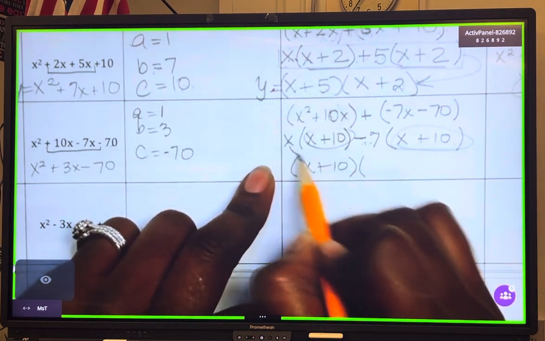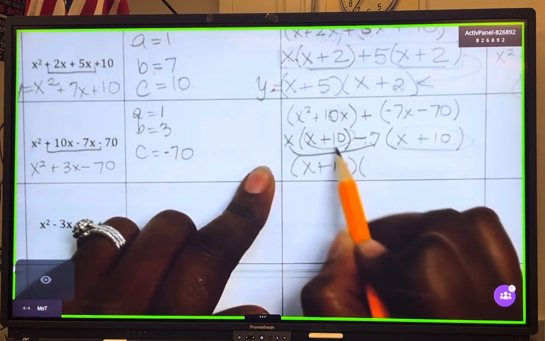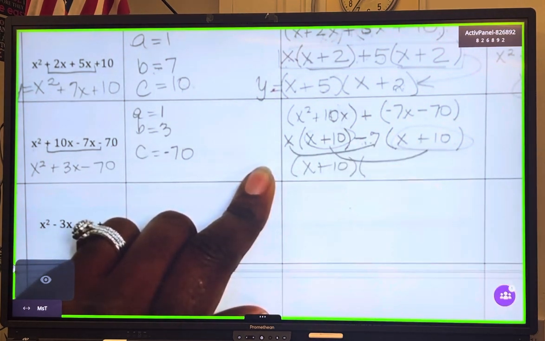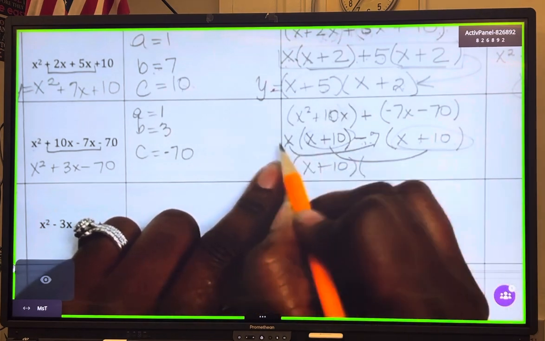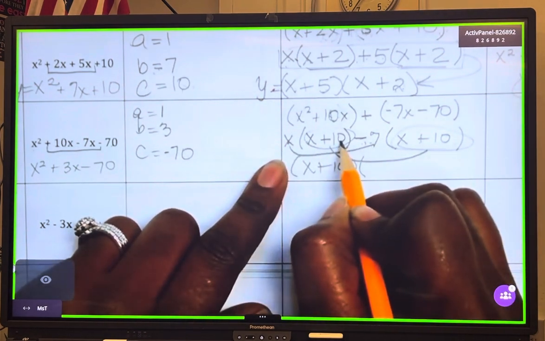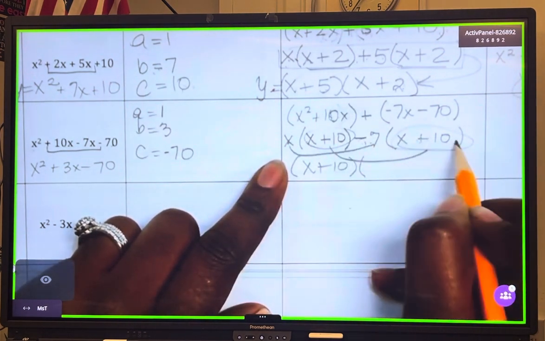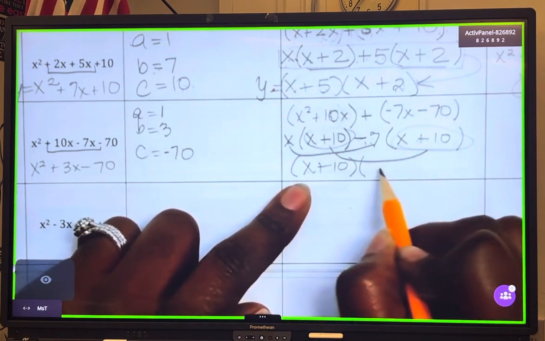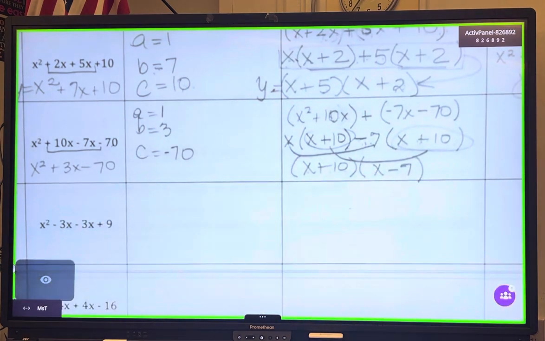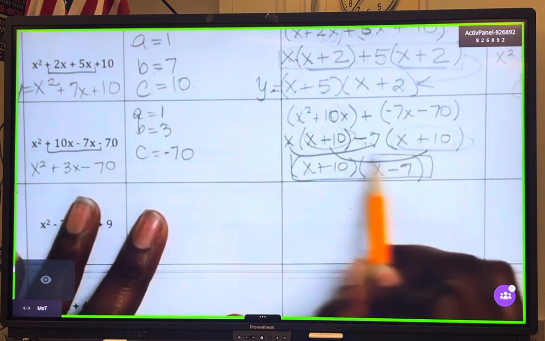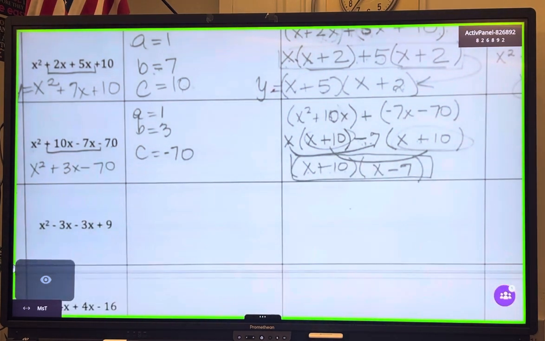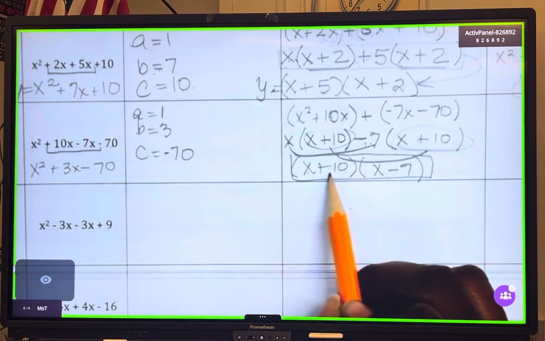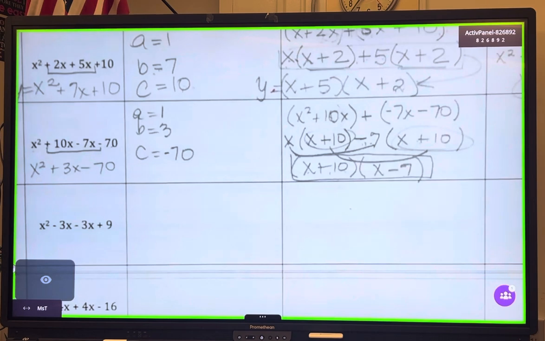You put these two together because these two are going together. Does that make sense? X times x plus 10 minus 7 times x plus 10 is the same thing as x plus 10 times x minus 7. And now I have factored my function. What is the solution to this function? Negative 10 and positive 7. Those are going to be the solutions.